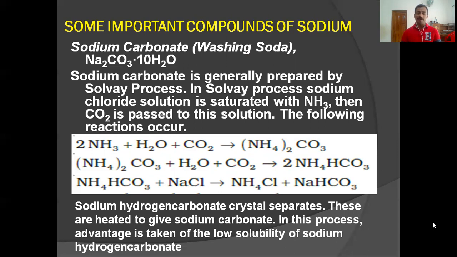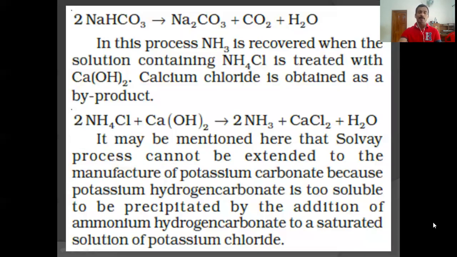We can precipitate it and separate it. Then on strong heating, sodium bicarbonate changes to sodium carbonate. The reaction is: 2NaHCO3 on heating gives Na2CO3 plus CO2 plus H2O. Sodium carbonate is obtained.